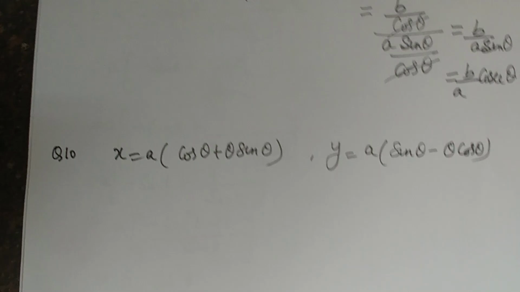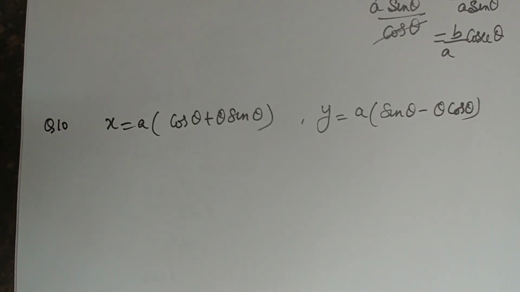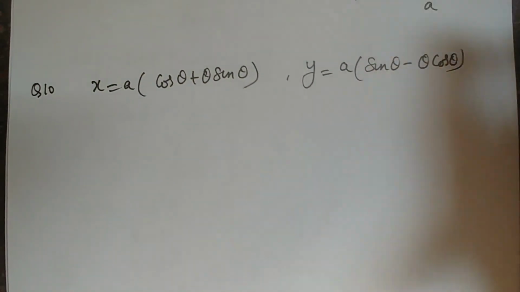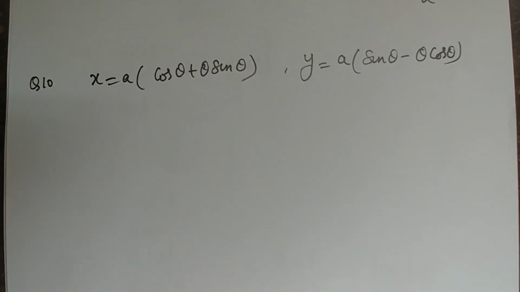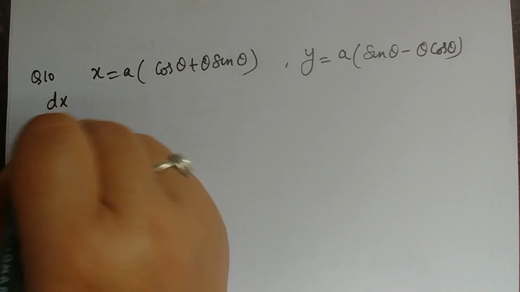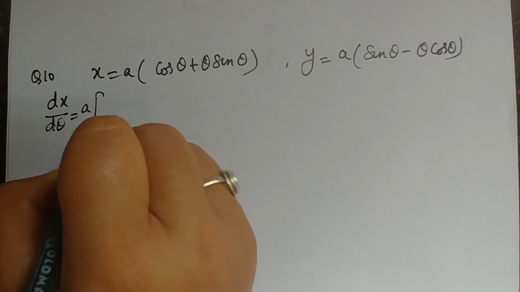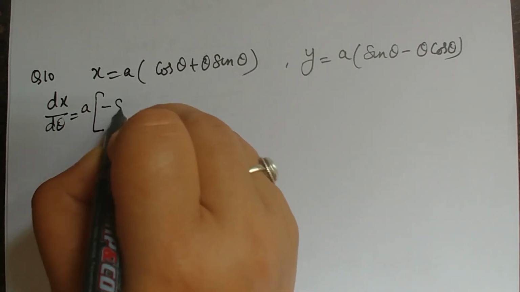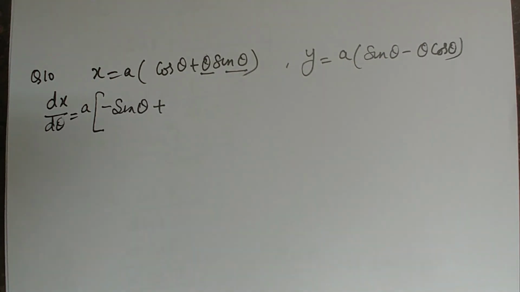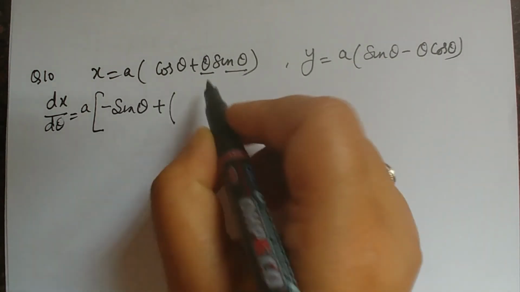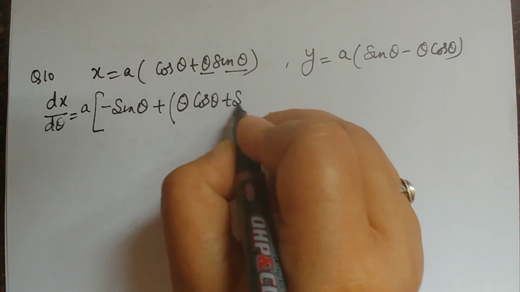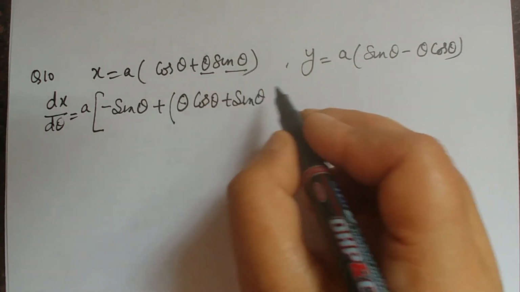Okay. Now question number 10 is x is equal to a times cos theta plus theta sin theta, and y is equal to a times sin theta minus theta cos theta. Now dx upon d theta is a times the derivative of cos theta, which is minus sin theta, plus, here I have to apply the product rule, theta times derivative of sin which is cos, plus sin theta times derivative of theta which is 1.